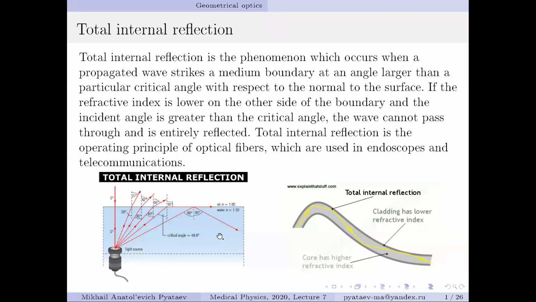It allows us to save the light energy, and it is used in optical fibers.